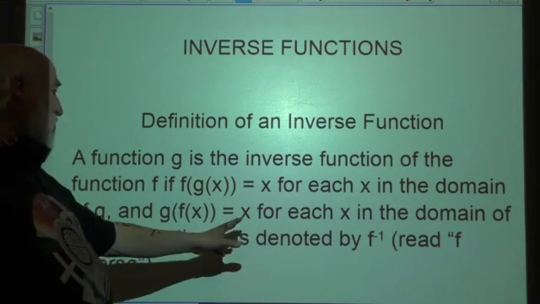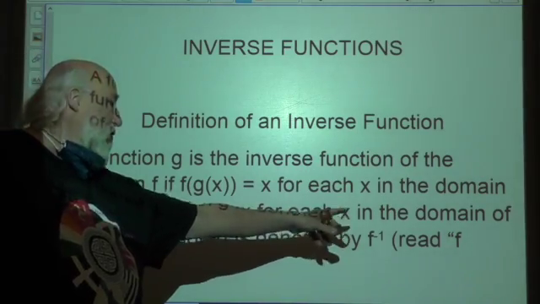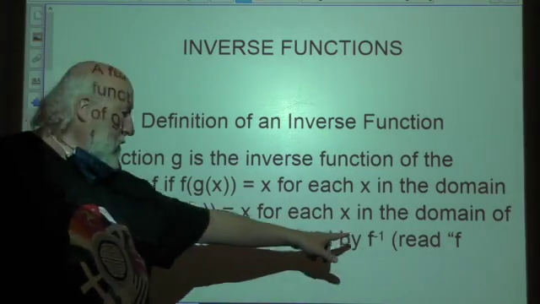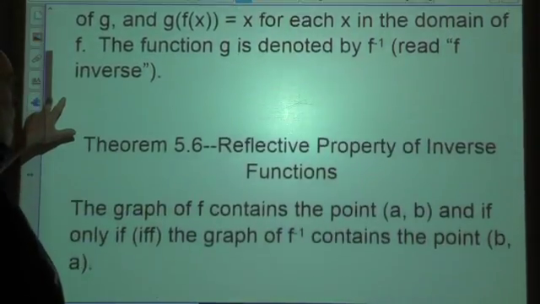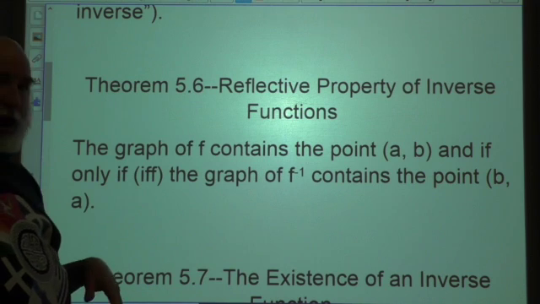So the function g is denoted by f inverse. Even though it says -1, we say f inverse. Okay? Now that's not the same as f prime, so be careful of that.